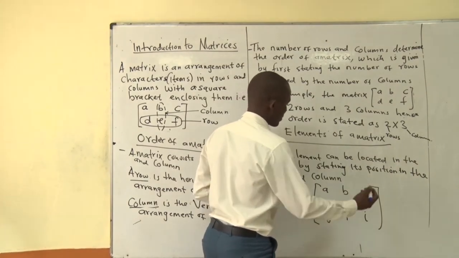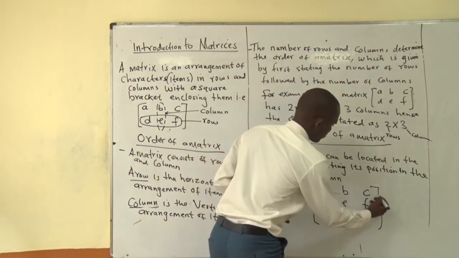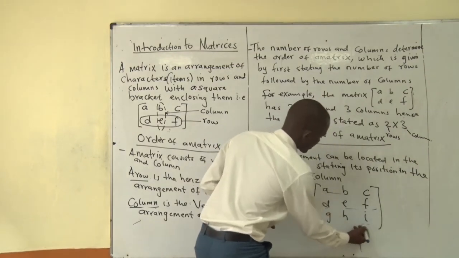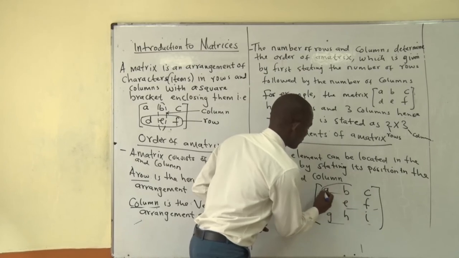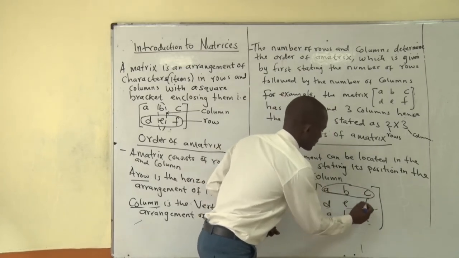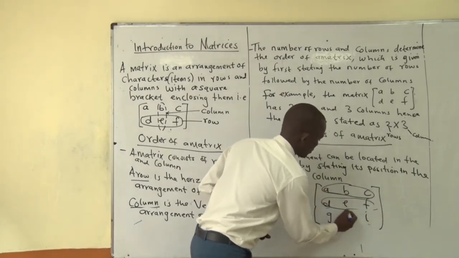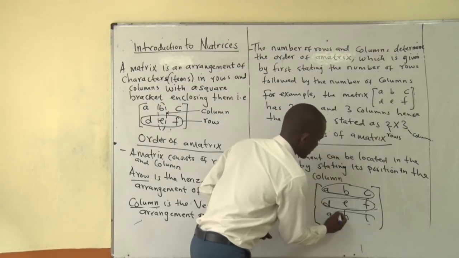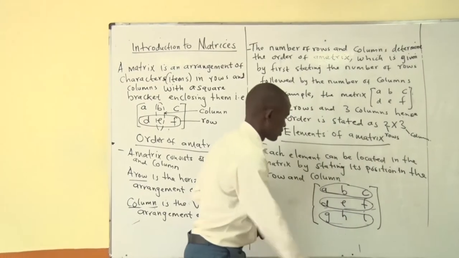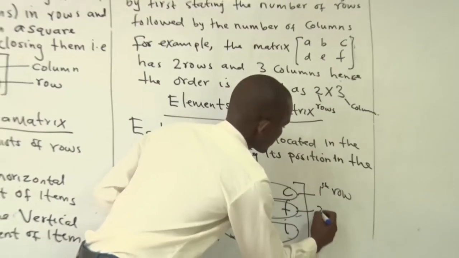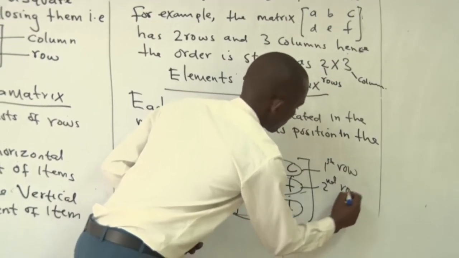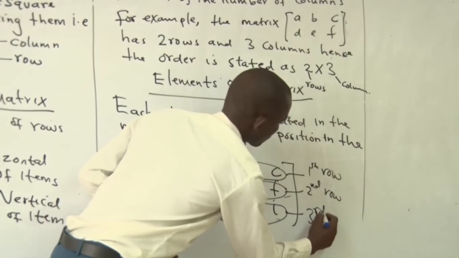This matrix has how many rows? This is the first row, the second row, and the third row. Those are the rows. This one will form our first row, this one will form our second row, this one will form our third row.